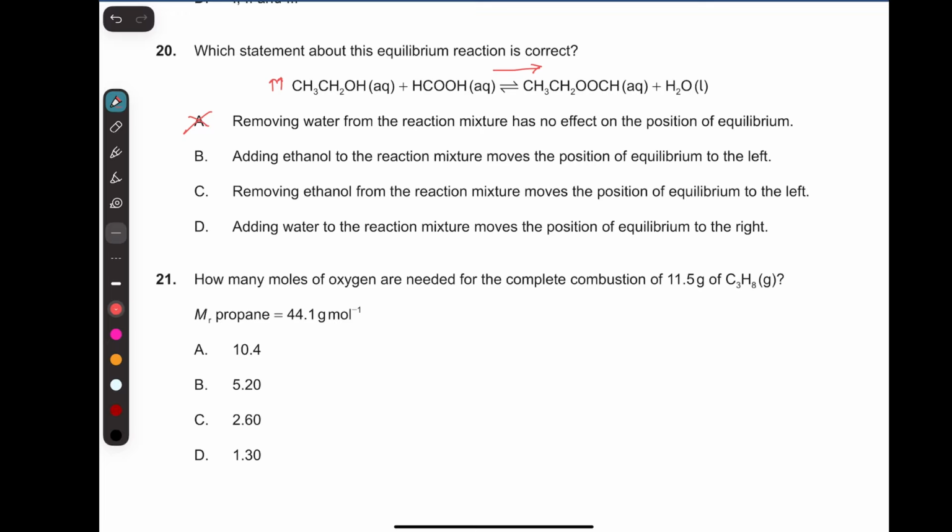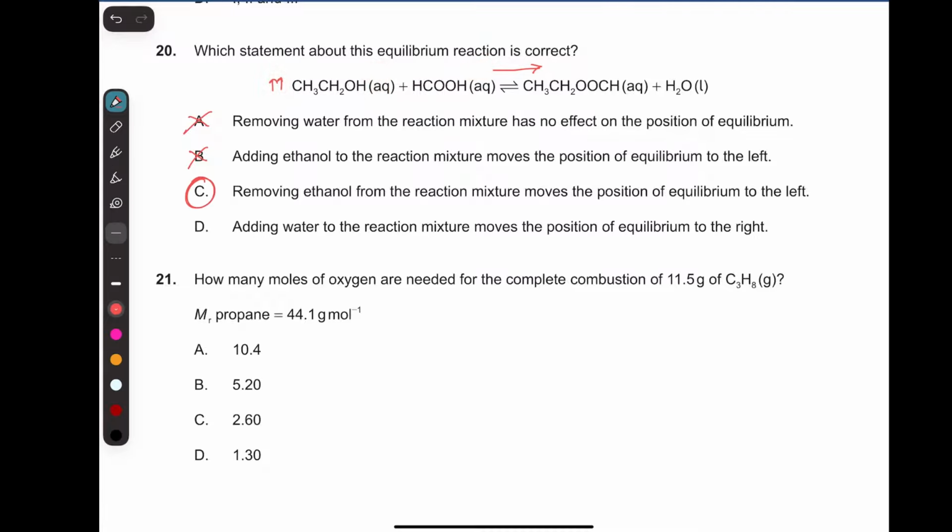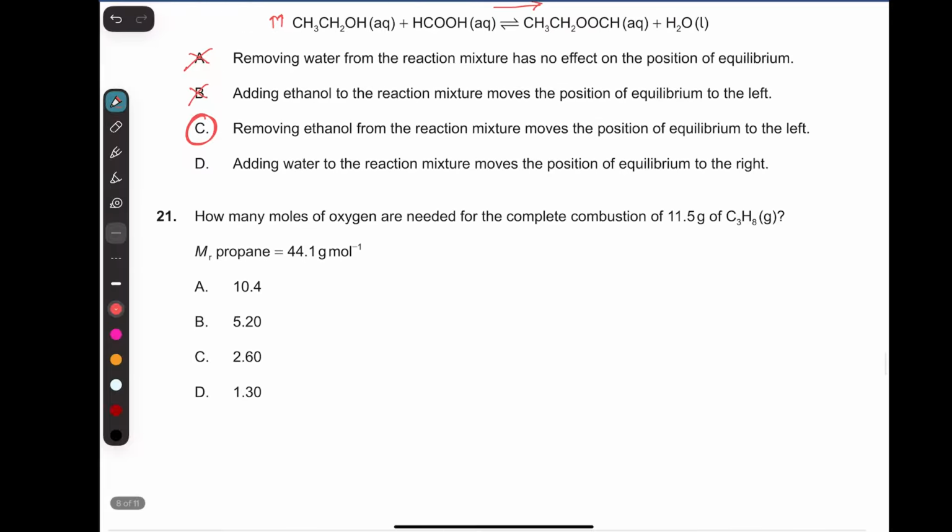So the position of equilibrium will shift to the right, not the left. Next one, removing ethanol moves the position of equilibrium to the left. This is absolutely correct, because if I reduce the ethanol amount, the reverse reaction will be favored to raise the amount of ethanol. So option C is correct.